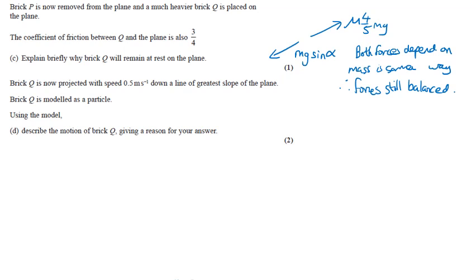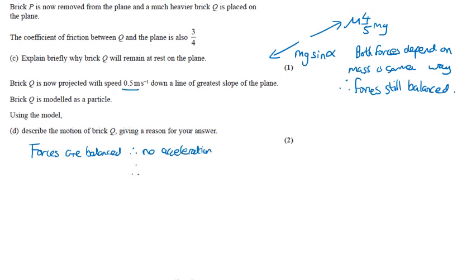And then the last part, describe the motion of brick Q, giving a reason for your answer. This time we're told brick Q is now projected down at 0.5 meters per second. The forces are balanced, so there's no acceleration.